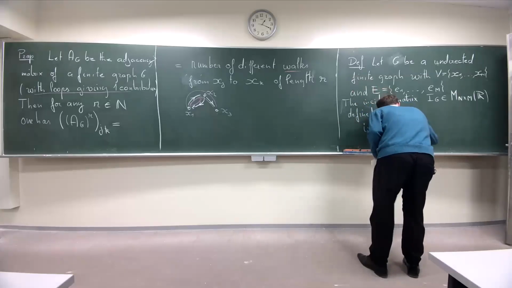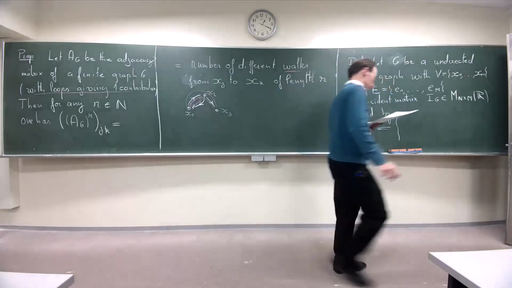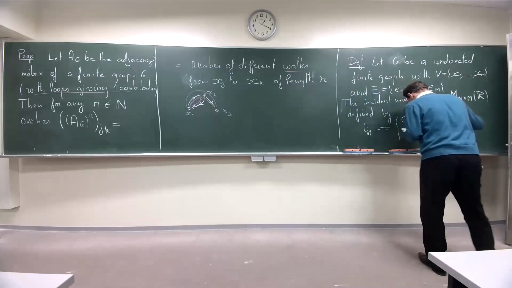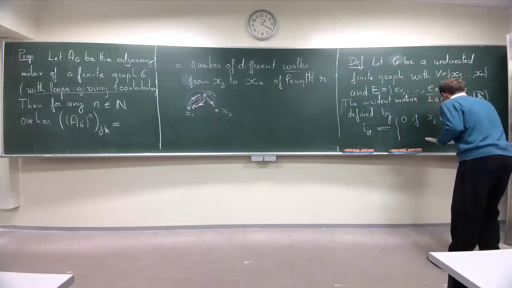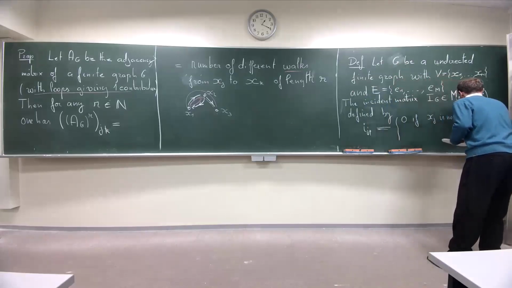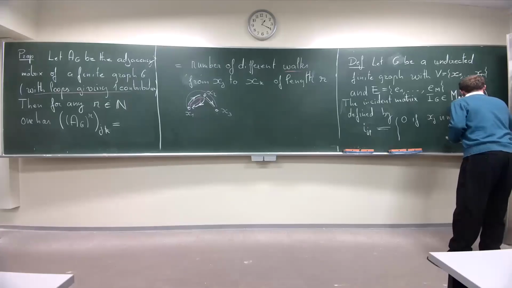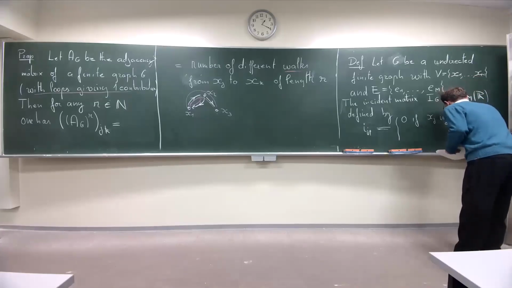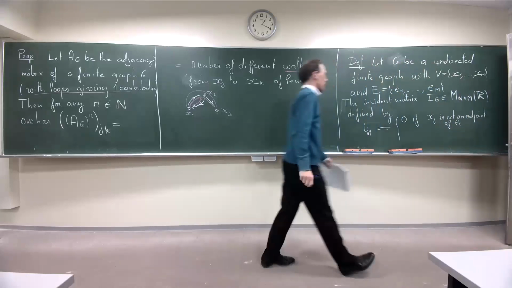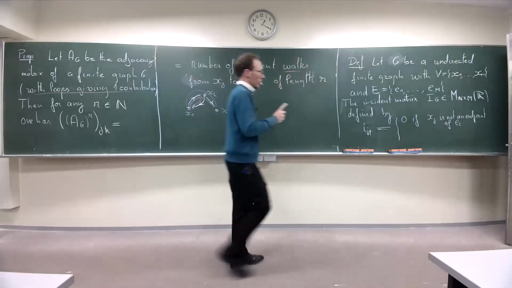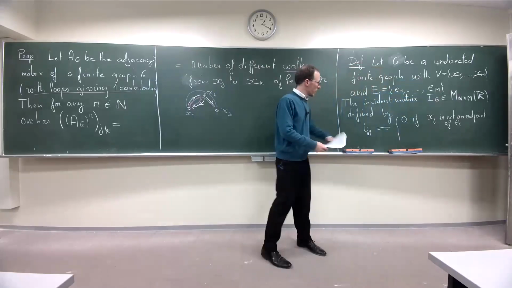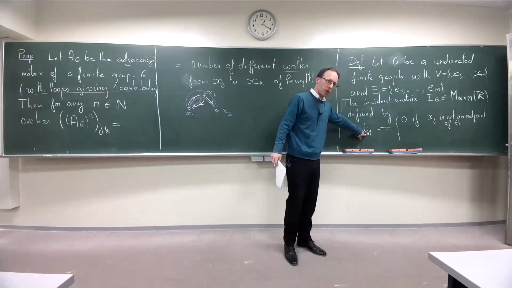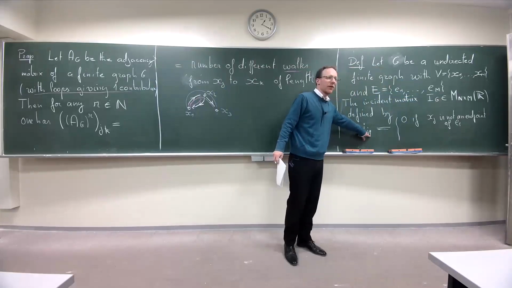It's slightly more complicated. Remember, it's an N by M matrix, which means the first entry is related to a vertex and the second entry is related to an edge.